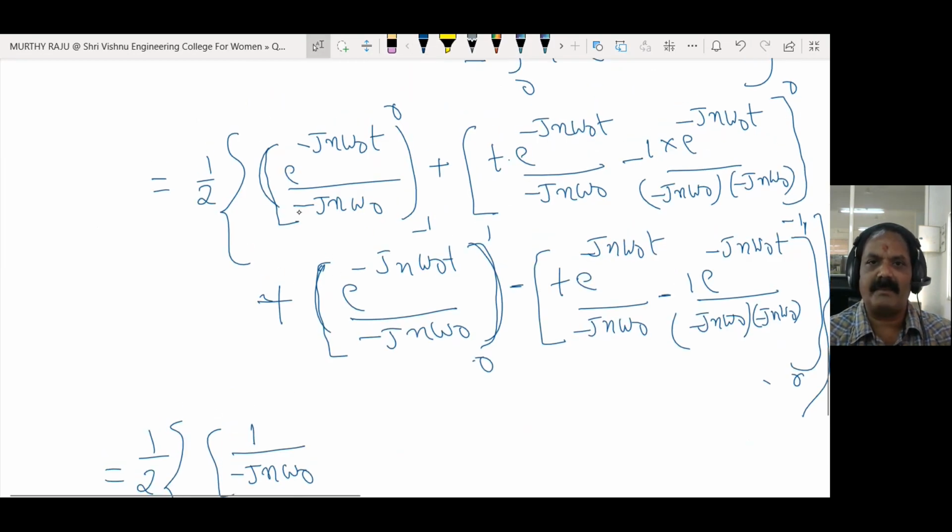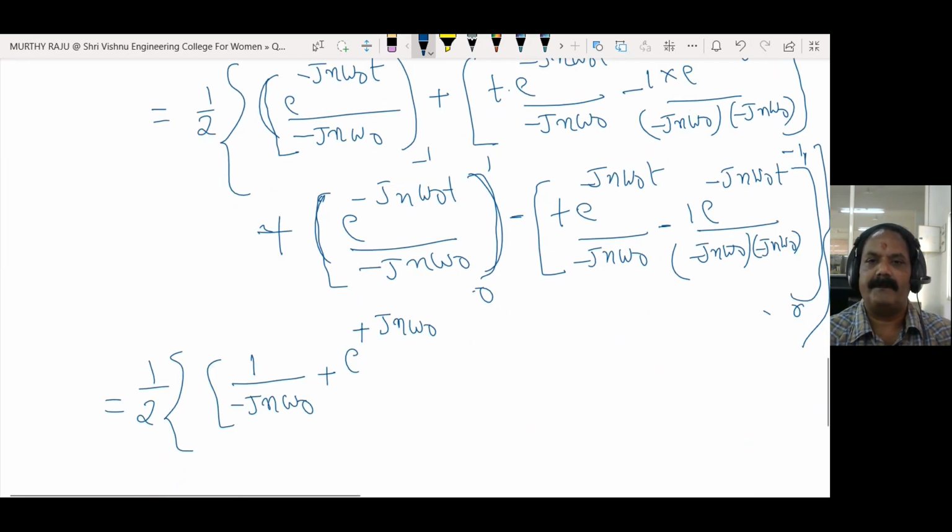Here minus into minus gives plus for the lower limit. Here t is equal to -1, so minus into minus plus, e^(jnω₀) by jnω₀.